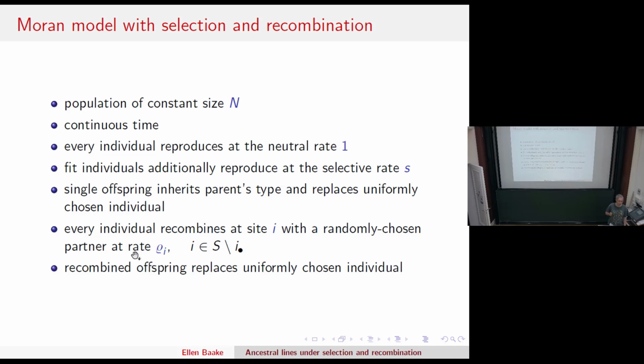This way population size is kept constant. And furthermore, every individual recombines at site I with a randomly chosen partner, and that happens at rate rho I for every site. And then the recombined offspring again replaces a uniformly chosen individual.